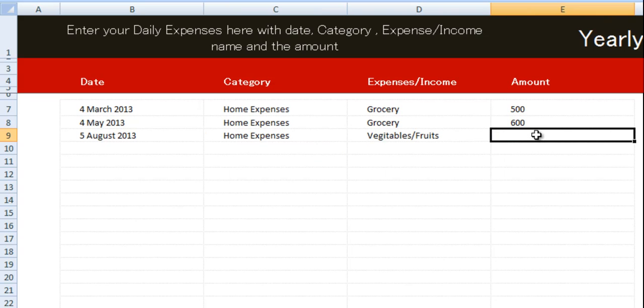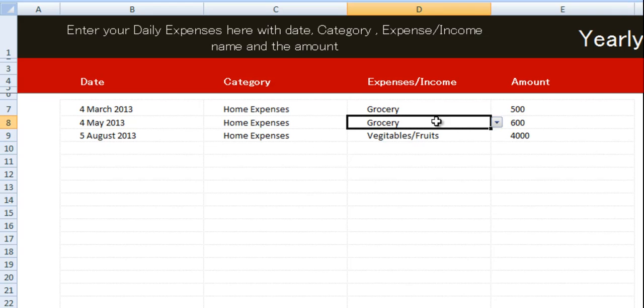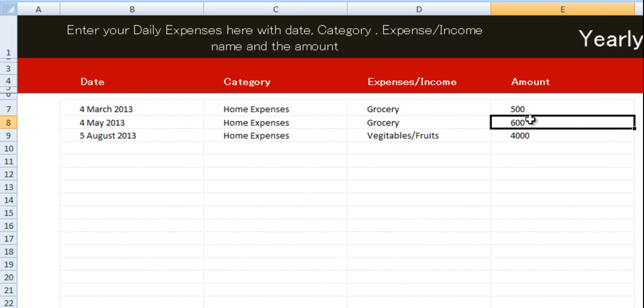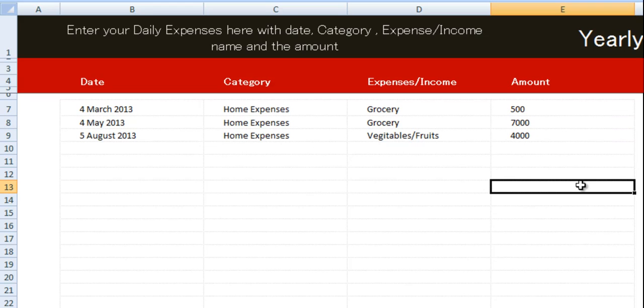So let's say you have put 4,000 rupees, and I'm just increasing this number to, let's say, 7,000 rupees. Let's see what happens with these three numbers.